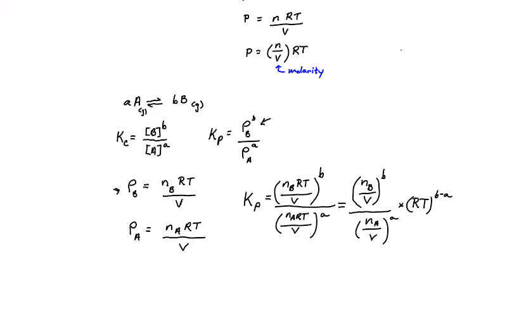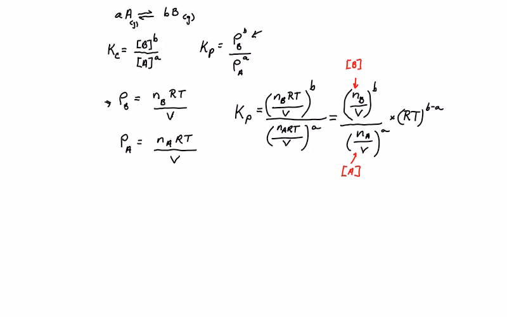Now when you think about it, the number of moles of B divided by the volume is really just the concentration of B, and the number of moles of A divided by the volume is just the concentration of A. So what we wind up with here is Kp being equal to the concentration of B raised to the power of b divided by the concentration of A raised to the power of a, times RT raised to the power of b minus a.